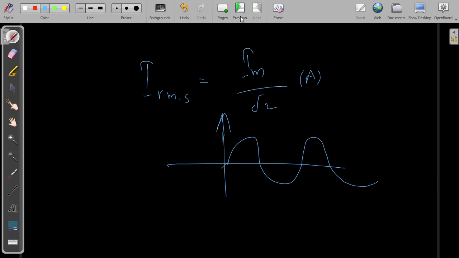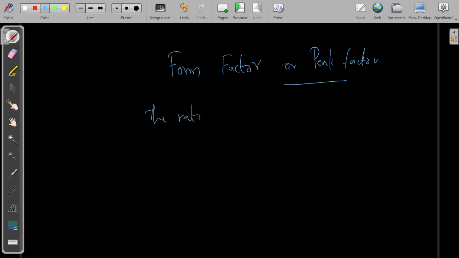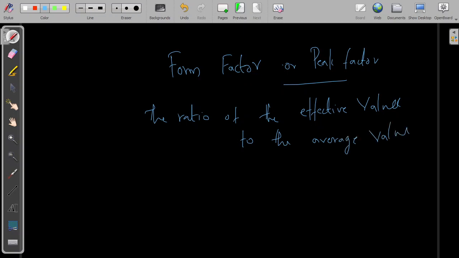Then we have to define another term known as form factor or peak factor of a waveform, and it is defined as the ratio of the effective value or RMS value to the average value of a waveform.